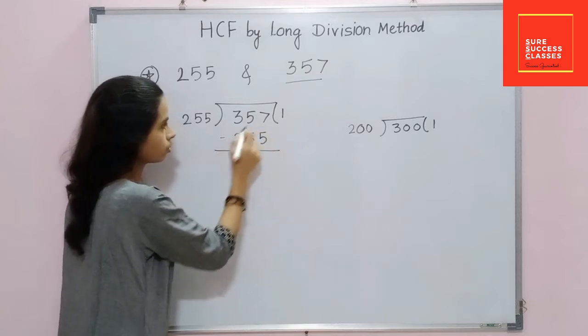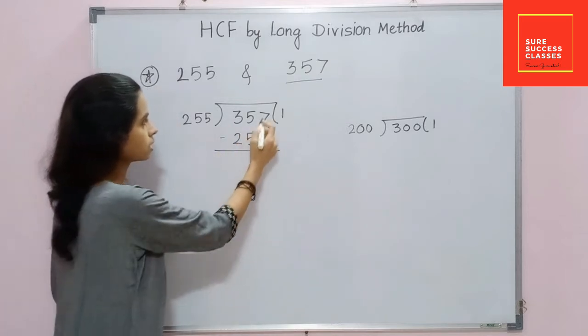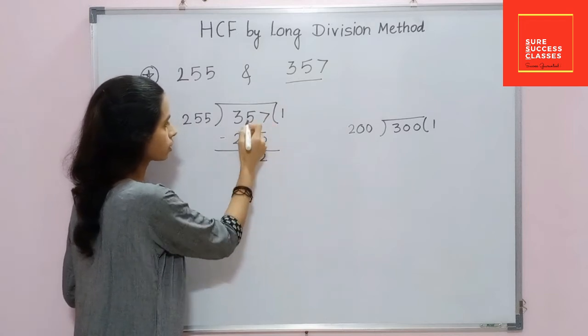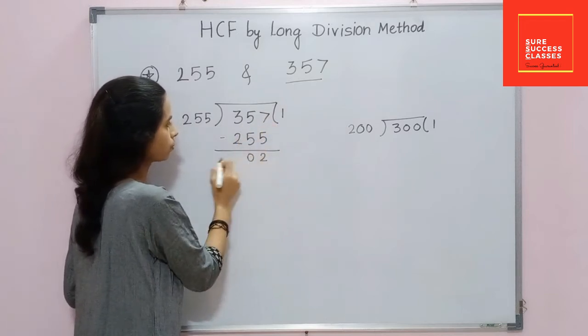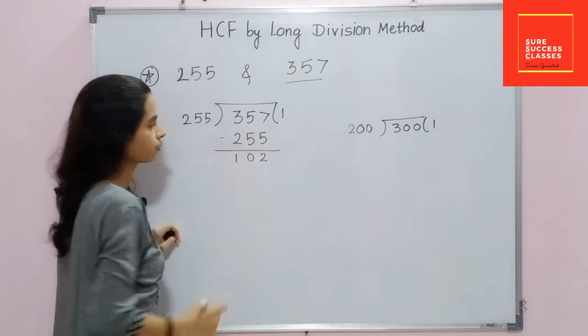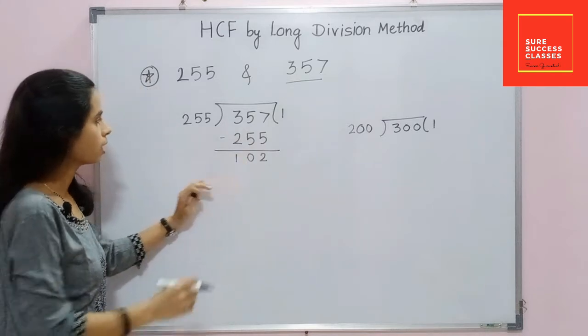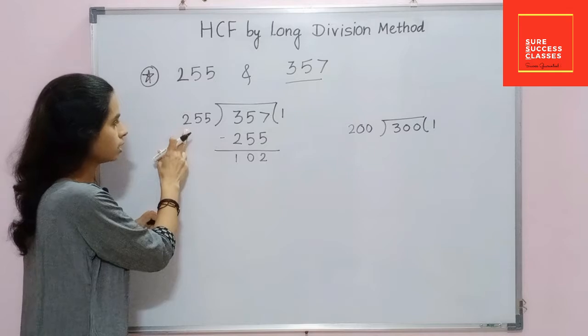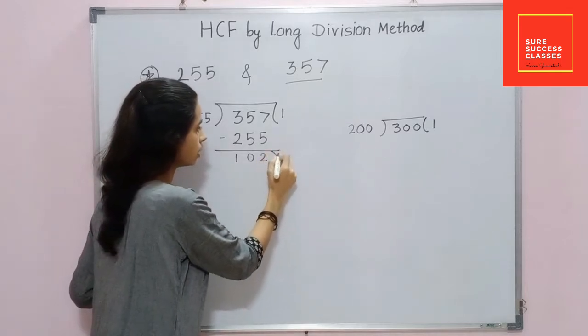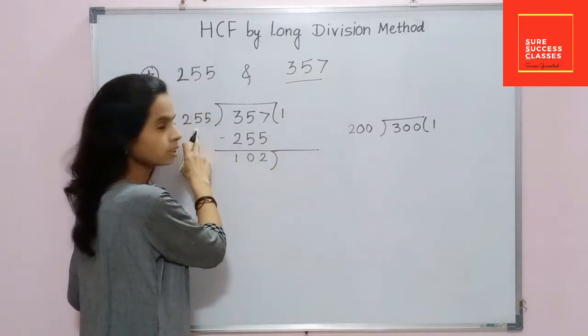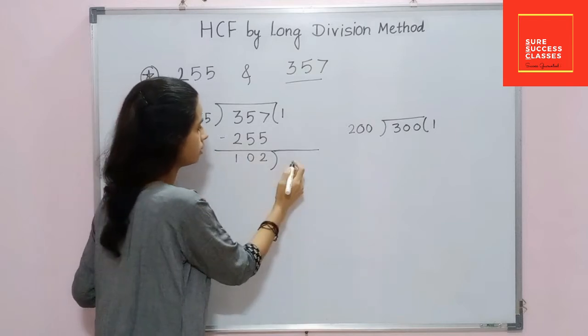Subtract this number from the upper number. 7 minus 5 is 2, 5 minus 5 is 0, 3 minus 2 is 1. Here we have got a remainder, and it is smaller than this divisor, so we will again divide the previous divisor by this remainder.